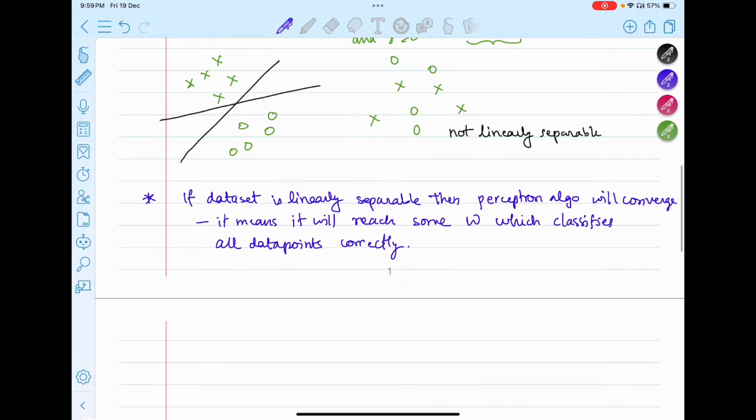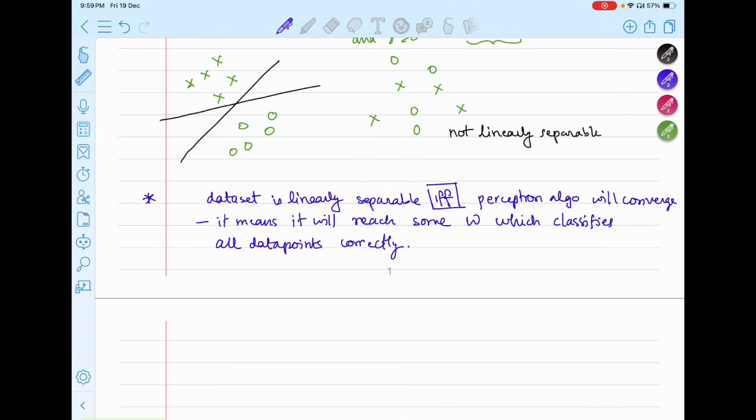At the same time, I should have written if and only if, so let me make that slight change. So the dataset is linearly separable if and only if the perceptron algorithm will converge.